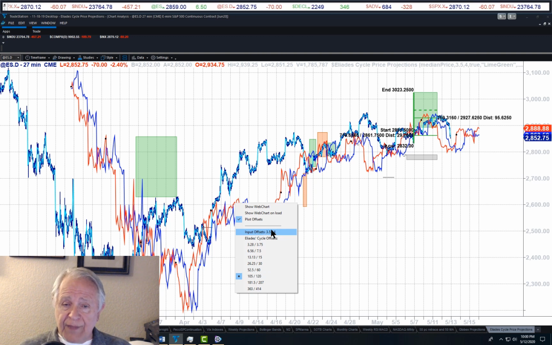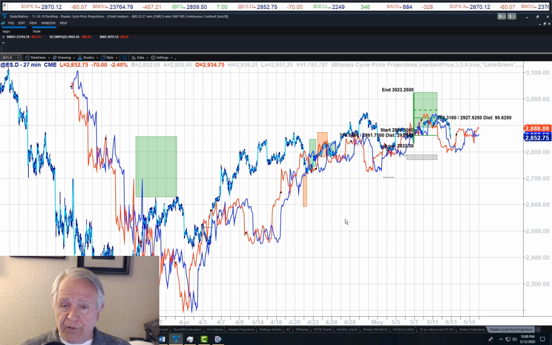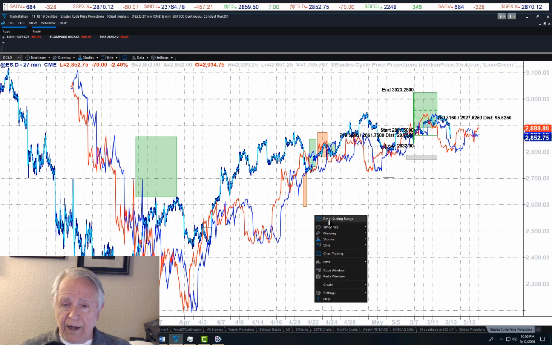That's the offset that was initially put in when you go to the parameters section, okay? Let's go to the parameter section and show you. Now, remember, we're looking at an offset of 105 to 120. We can see that from our menu. But we know that the input offsets for our menu is 3.5 to 4. And let's go look at that and confirm it.